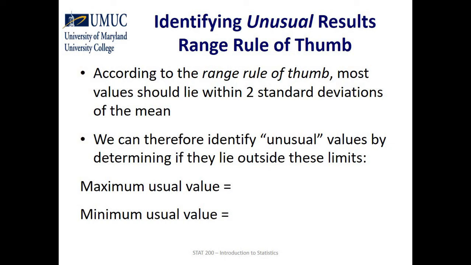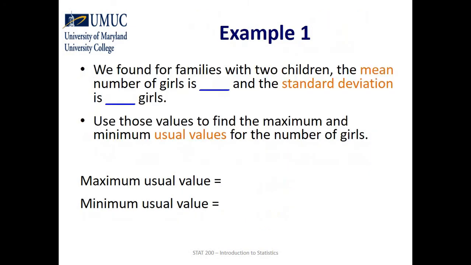The maximum usual value is mu plus 2 times the standard deviation, and the minimum usual value is mu minus 2 times the standard deviation. So we found for families with 2 children, the mean number of girls was mu equals 1.0, and the standard deviation was 0.707.